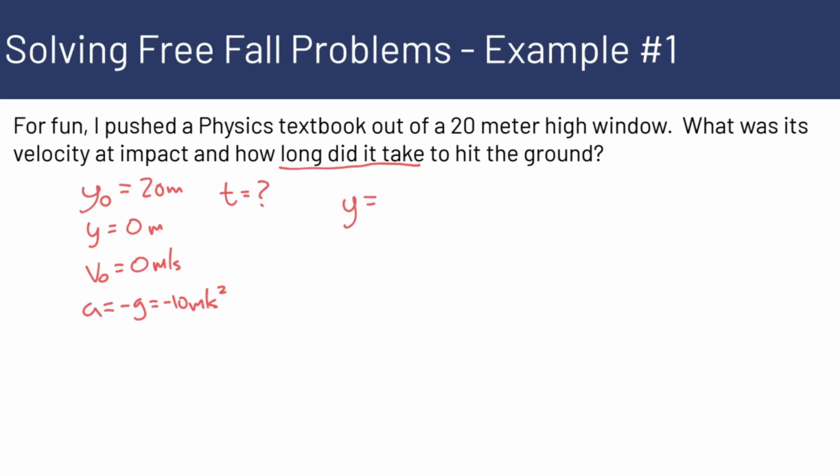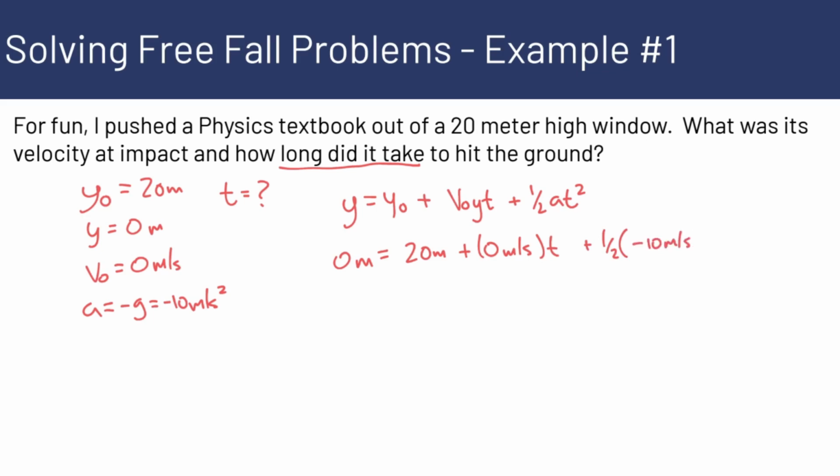Right, y equals y naught plus v naught y times t plus 1/2 a t squared. So y is equal to 0 meters, y naught is equal to 20 meters, plus v naught y is equal to 0 meters per second, times t plus 1/2, and then a is equal to minus 10 meters per second squared, and then t squared.